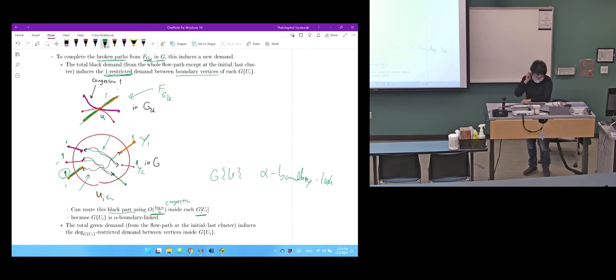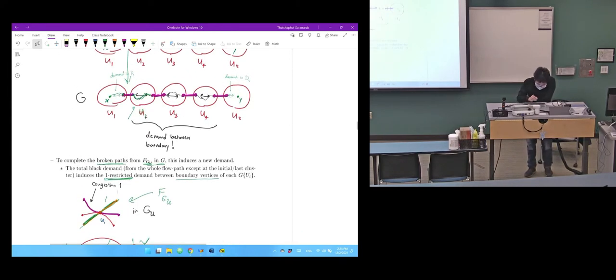Okay, so by the way, we need to be careful because there is a green demand here too. By green demand, I mean this part. So note that this is not between battery, right? Because X is inside, Y is inside.